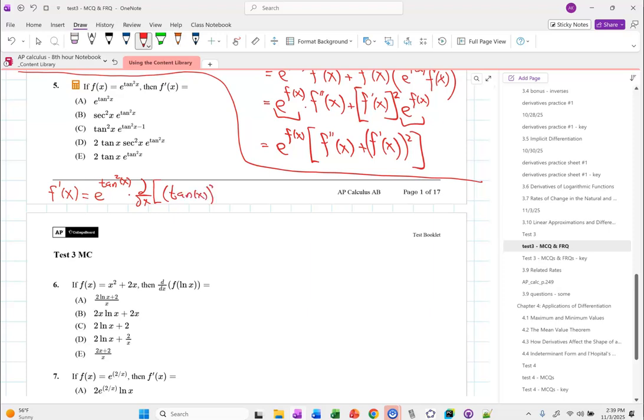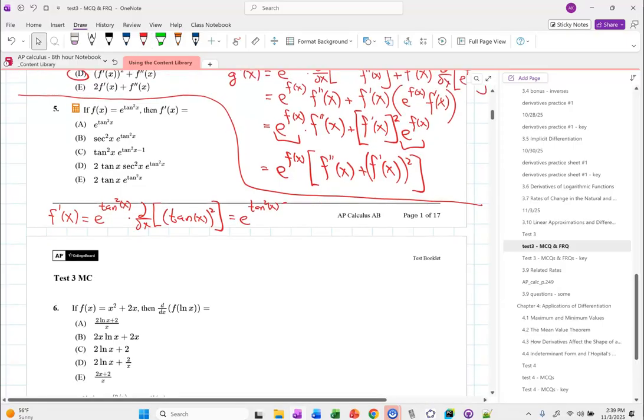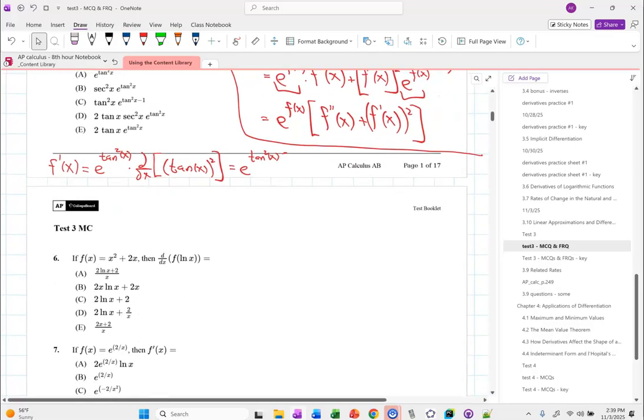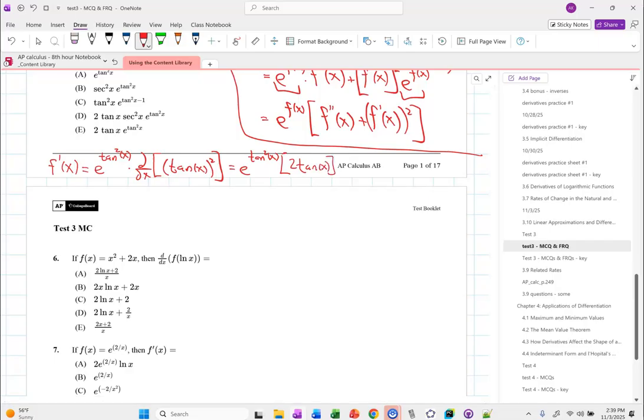And remember that tan squared really means this, right? The derivative of tan squared is a chain rule. The derivative of the outside is going to be, yeah, so 2 tan x times the derivative of the inside.